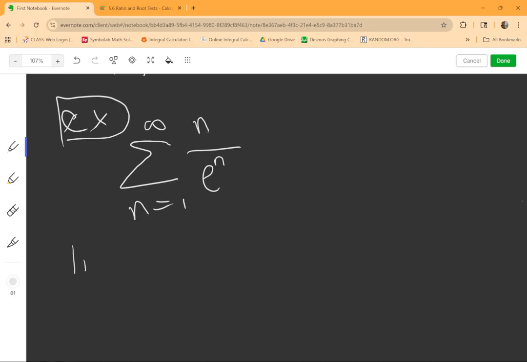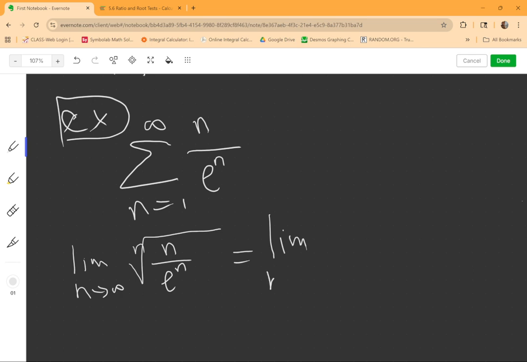So we're going to take the limit as n goes to infinity. Now, all of these values are positive, so I don't need to worry about the absolute value. Now it just becomes a matter of simplifying.